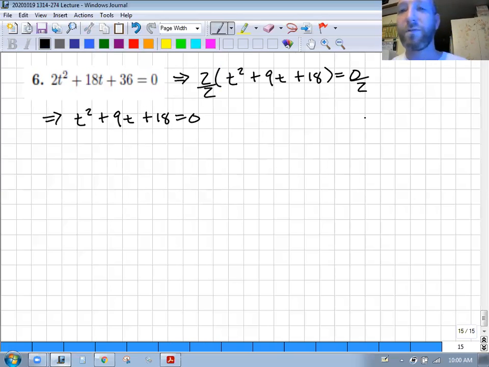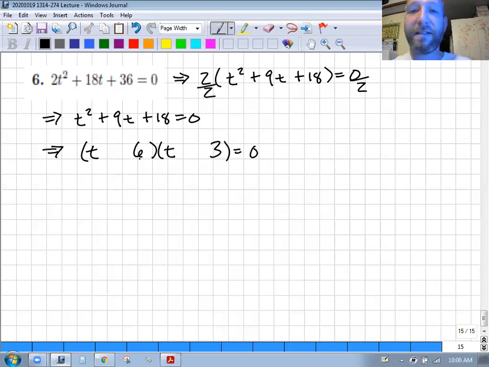All right, 0 over 2 is still just 0. This, I think we can just look at it. We need a t and a t to give us our t squared. 2 numbers that multiply to give us 18, that add to give us 9. 6 and 3, right? They multiply and give us our 18. The 6t plus the 3t gives us our 9t.